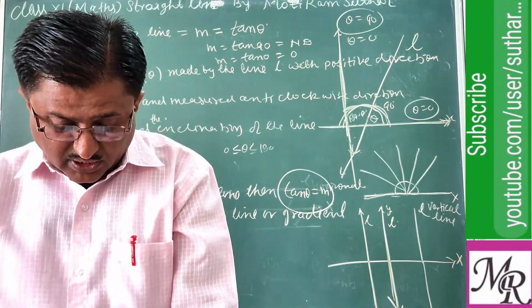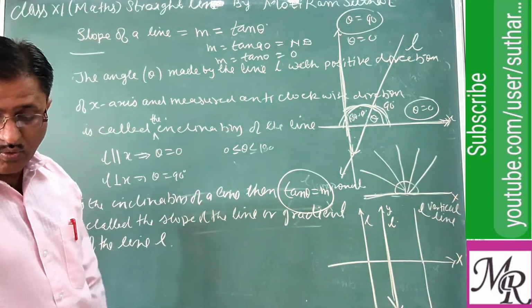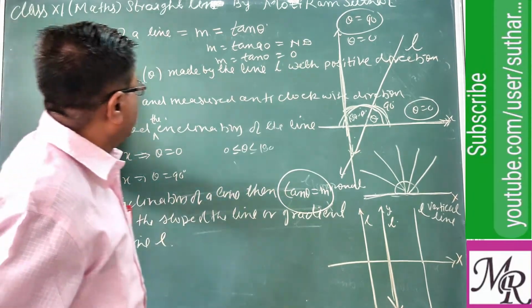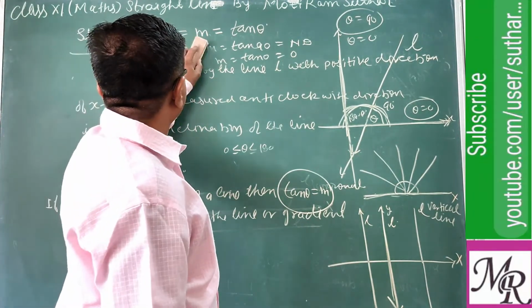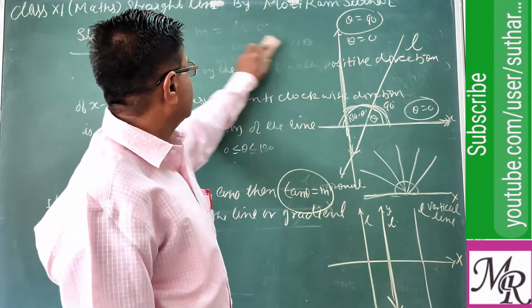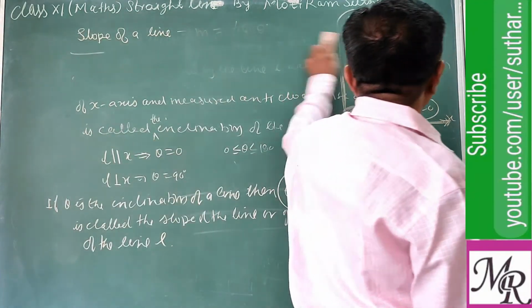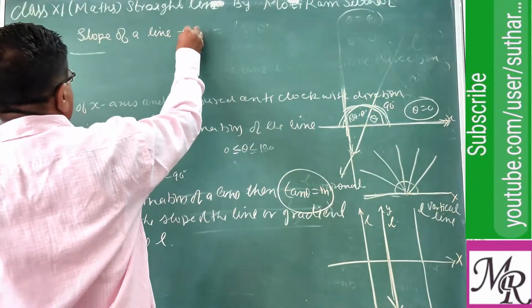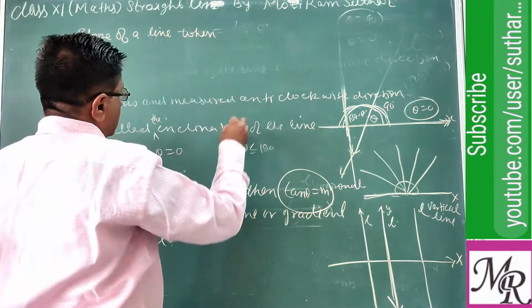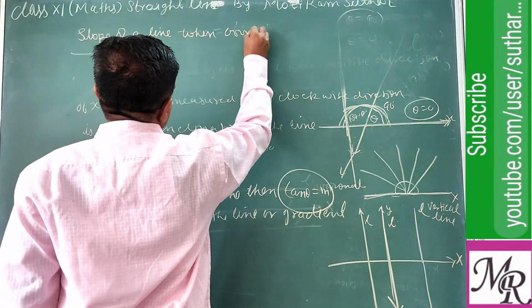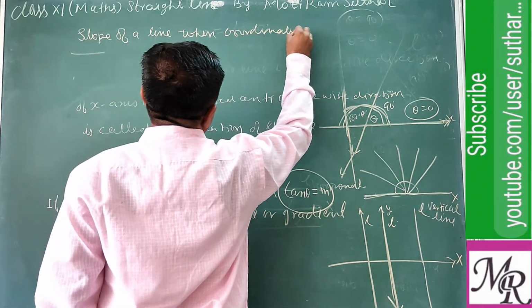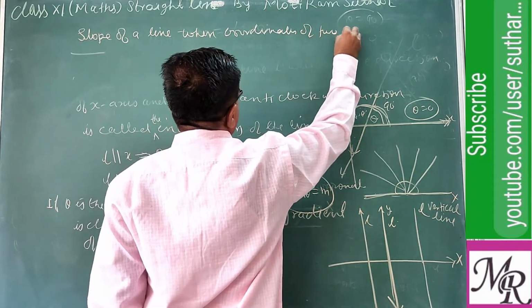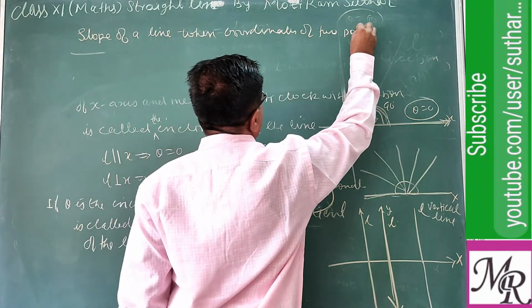Now we see the slope of a line when the coordinates of 2 points are given.